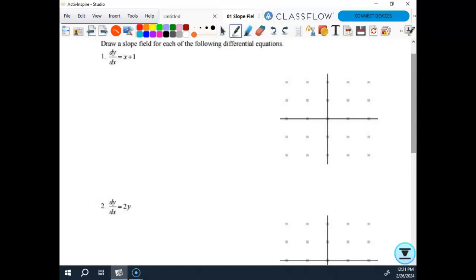So whatever the x value is, add 1, and that's the slope. You're not done.